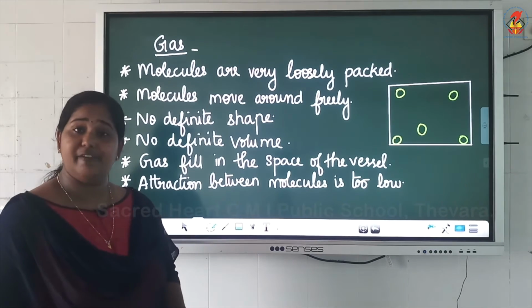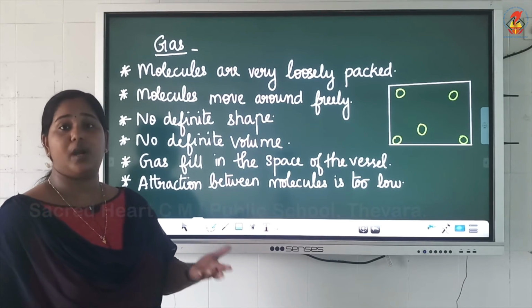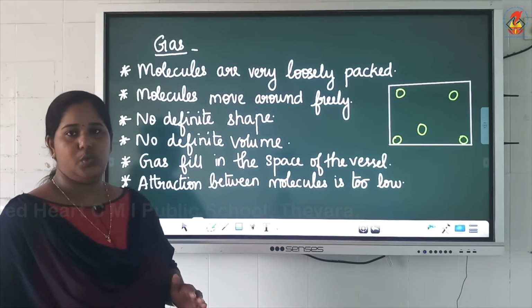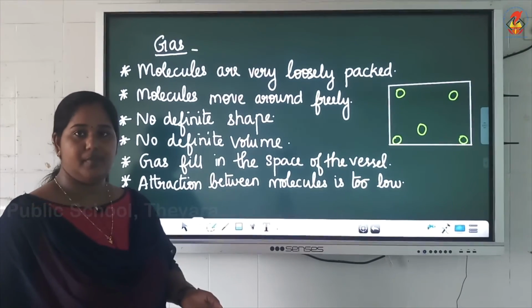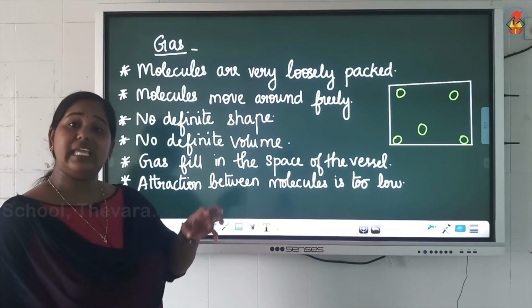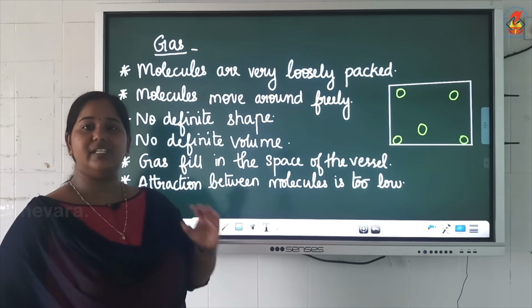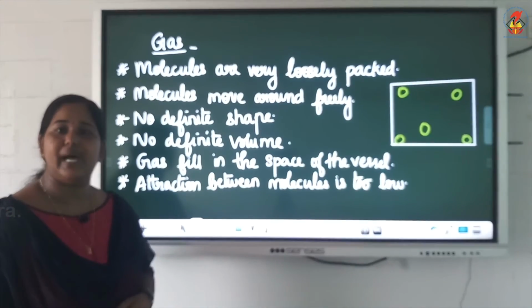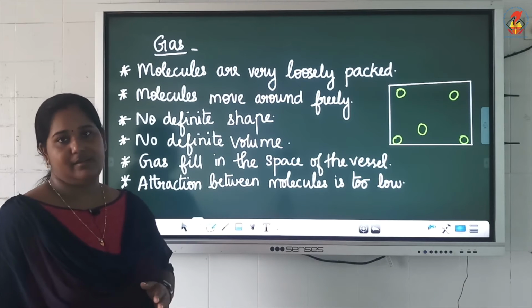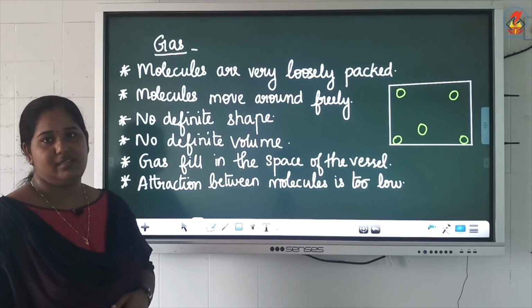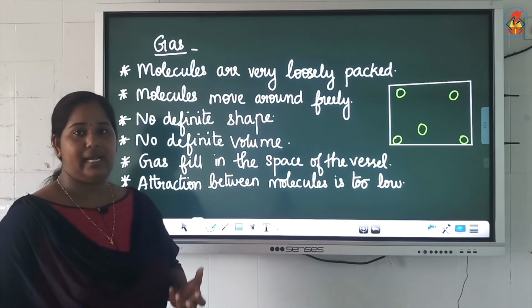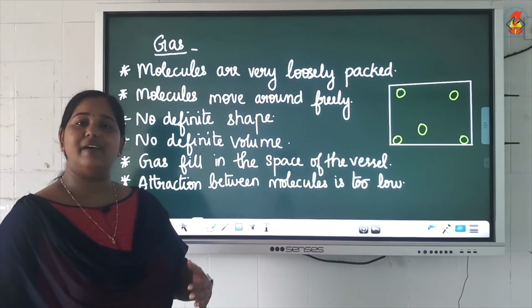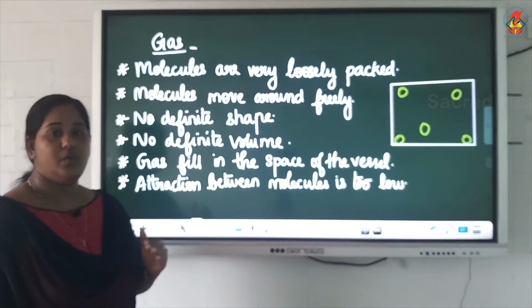They do not have a definite shape. Have you seen square shape or round shape for gas? No. It does not have a shape. It does not have a volume. But it fills in all empty spaces. Wherever there is empty space, that will be filled by air or gas. It cannot be poured or held in our hand because it does not have a definite shape or definite volume.